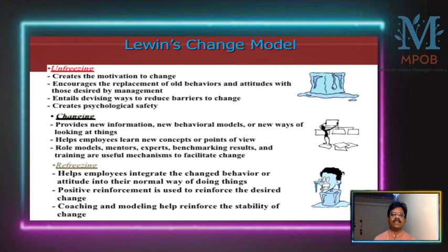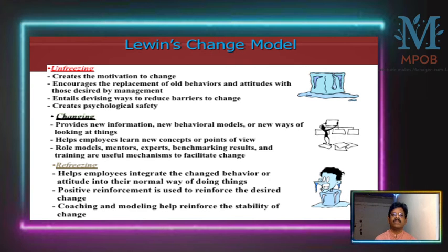So whatever change happened, to bring stability and sustainability, you refreeze that. Whatever new thing came, you standardize, and see that it will not be deviated and disturbed in the next phase. So you can see: unfreeze, change, and refreeze. It is like when it is a solid, you make it liquid, and when it is a liquid, you again make it solid.